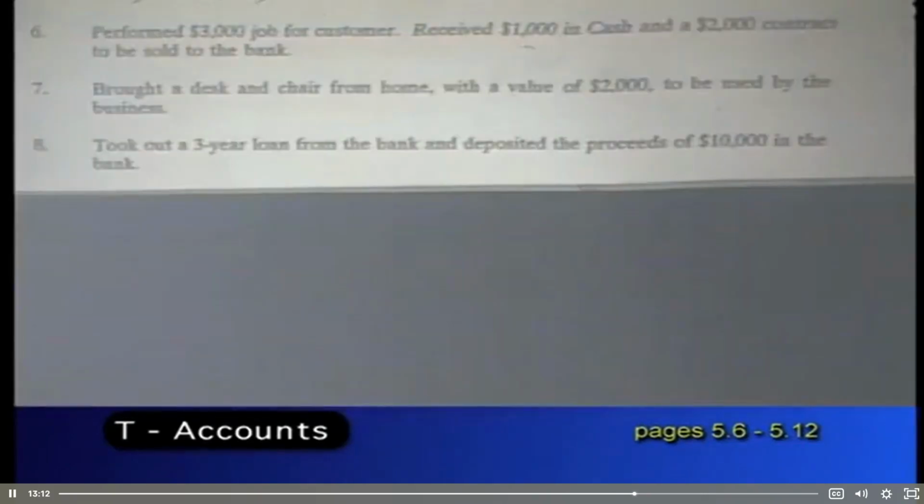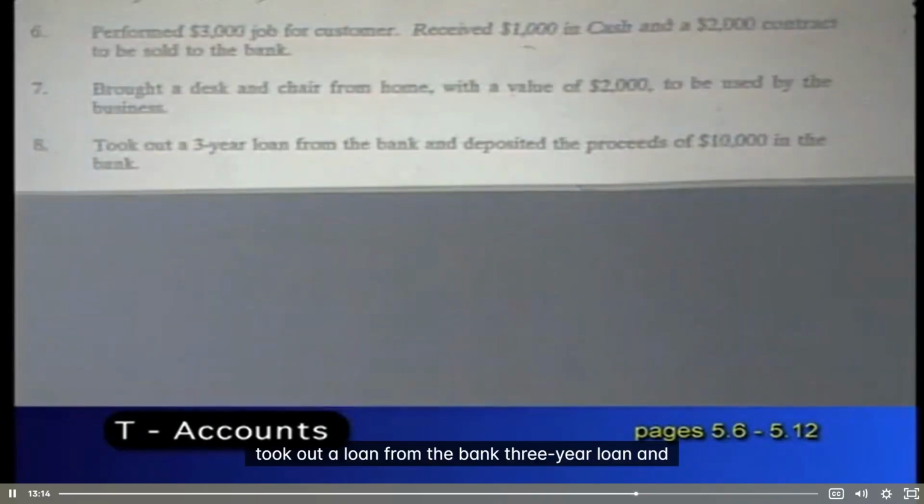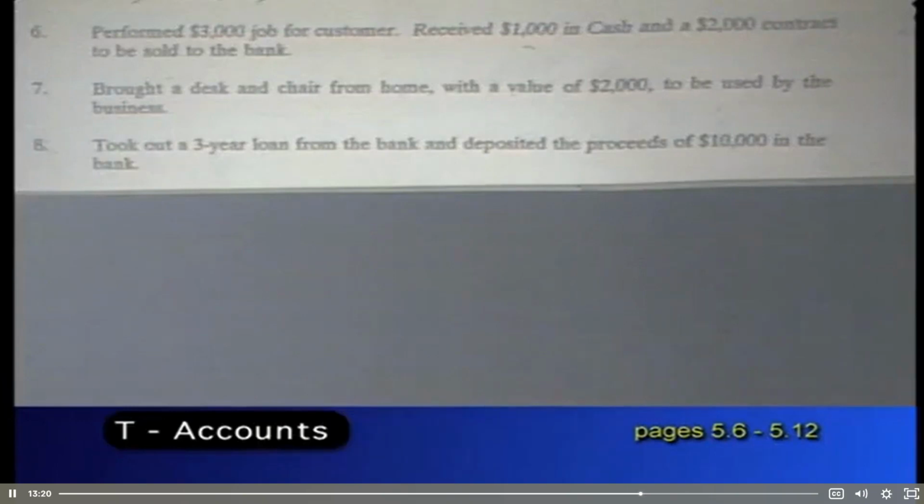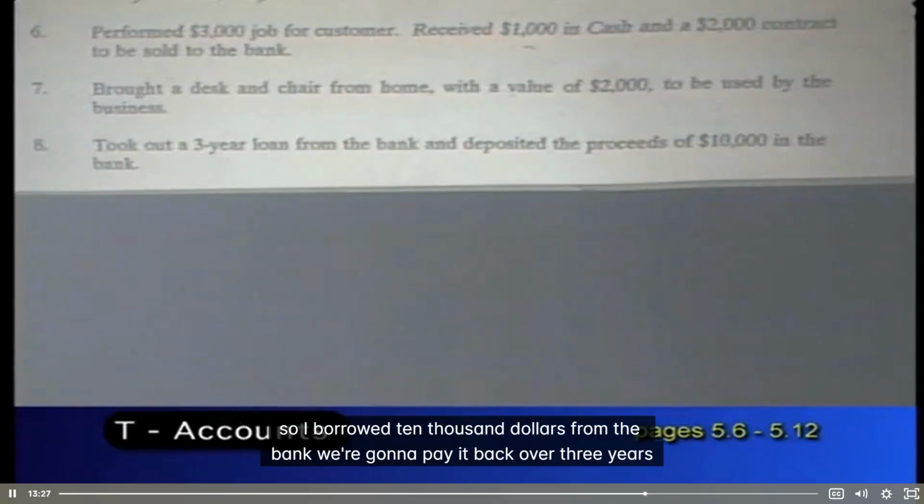Number 8. Took out a loan from the bank, 3-year loan, and we put the proceeds of $10,000 into our checking account. So we borrowed $10,000 from the bank. We're going to pay it back over 3 years.